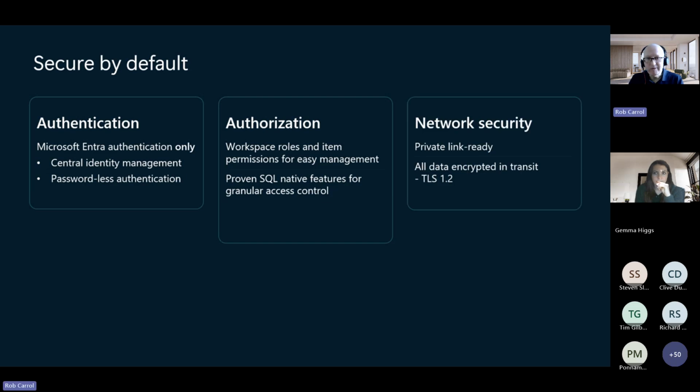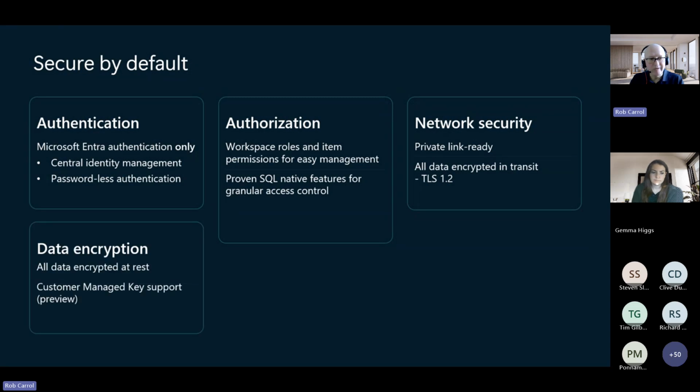And when it comes to network security, we can use private link, and all the data is encrypted in transit. That should be TLS 1.2 and 1.3 now. So it's using the latest encryption methods. And when it comes to things like transparent data encryption, all the data is encrypted at rest.